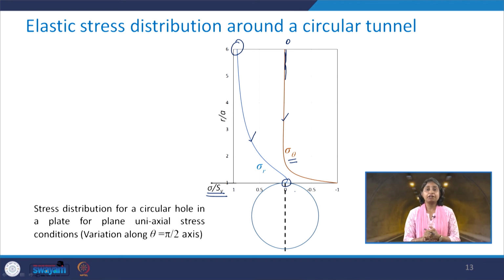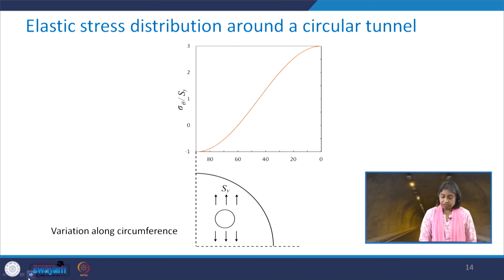So, right now we took the axis theta equal to 0, and this is theta equal to pi by 2. What about its circumference? How is this going to behave? Let us take a look. Here I have tried to plot the variation of these stresses along the circumference.